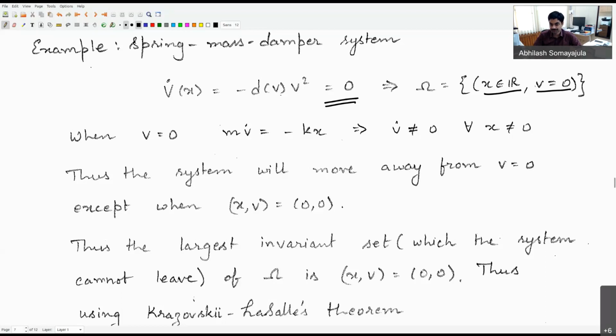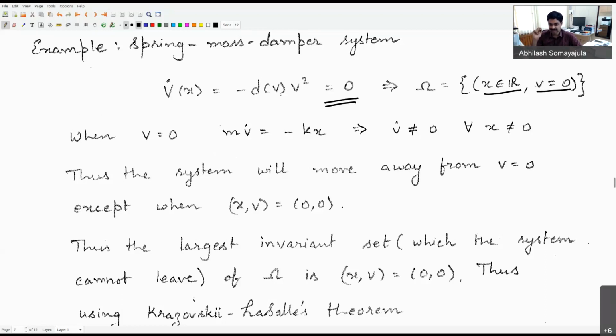Everybody with me? Now, of these points, I want to see which are the invariant points, which means that if I begin at those points, I continue to be in set omega. If I start at the origin, v equal to 0, x equal to 0, I know that I'll continue to be there because it's an equilibrium point, right?